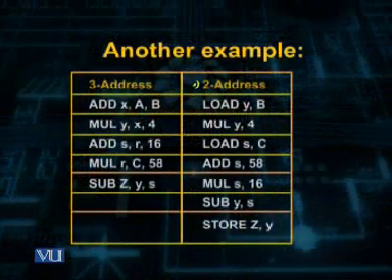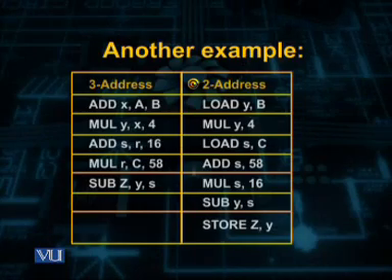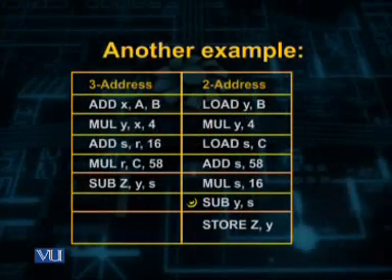Again, the reason for this is that in the two address format, we can control the sequence in which the last subtract operation is to be performed, and how the operands are to be defined. That is, whether we have to say SUB Y comma S, or S comma Y. It depends upon the sequence in which we have written the previous parts of the whole program.